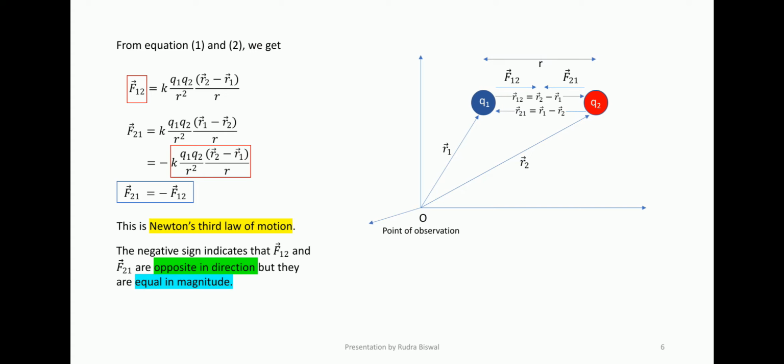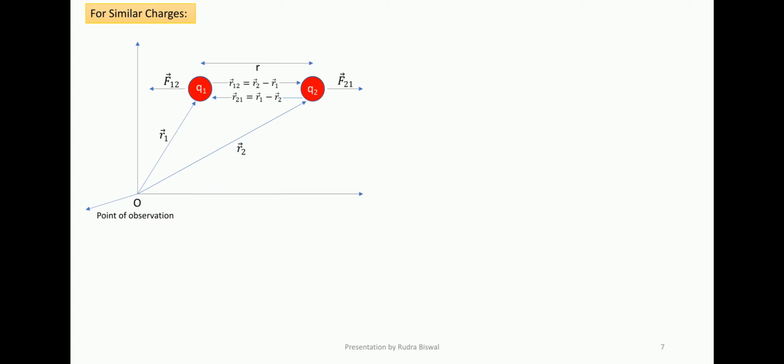Exactly in the same way, you can derive the expression for the force of repulsion for similar charges. Let's see. Wait. One thing you should notice here, that the direction of force F12 vector is equal to the direction of displacement vector R21.